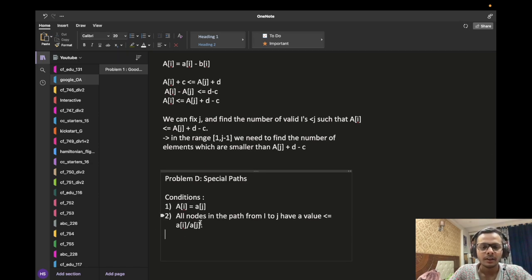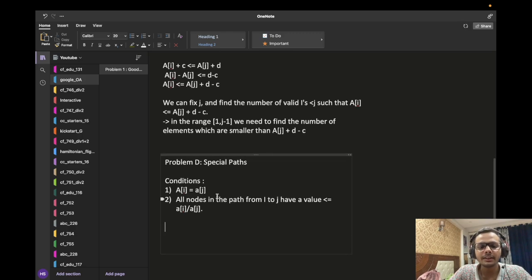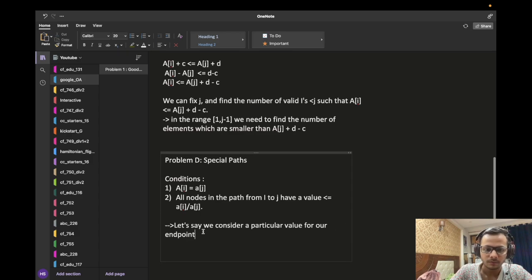So the basic thing that we have to look for in this problem is that while considering a value ai as our candidate answer, we only have to look at nodes whose value is less than or equal to ai. So let's say we consider a particular value for our endpoints. Let's say this value is x.